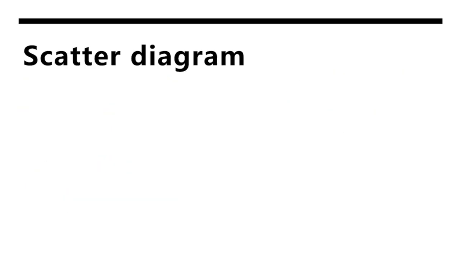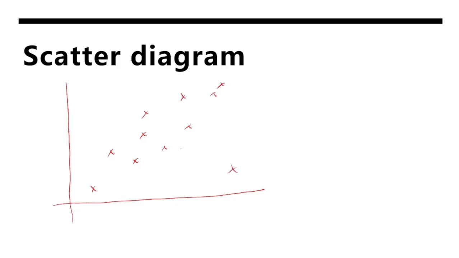Now move on to scatter diagram. A scatter diagram would usually be drawn in a 2D coordinate plane, giving data points like this. So you can just mark it normally with its coordinates. And what you need to do is first the correlation, and second, the line of best fit.